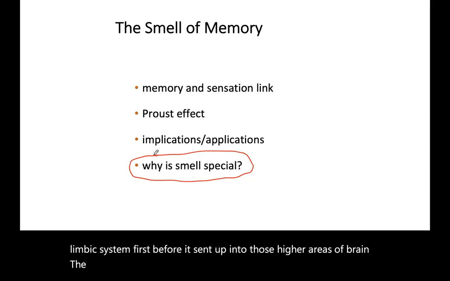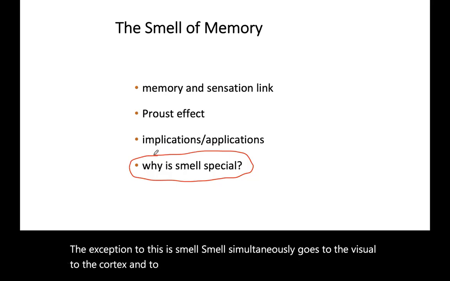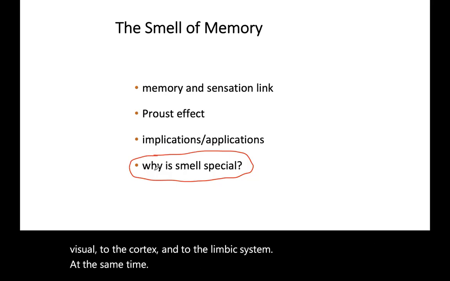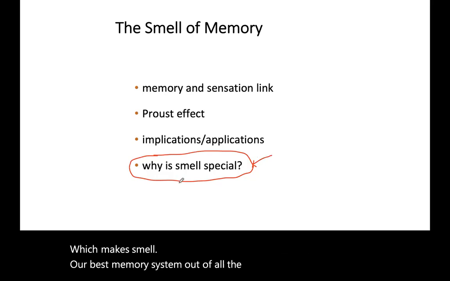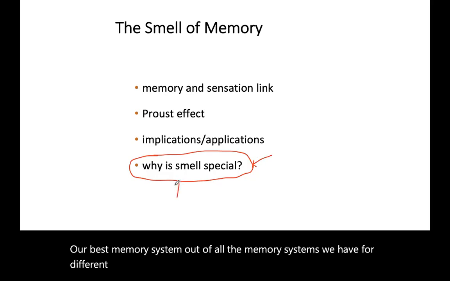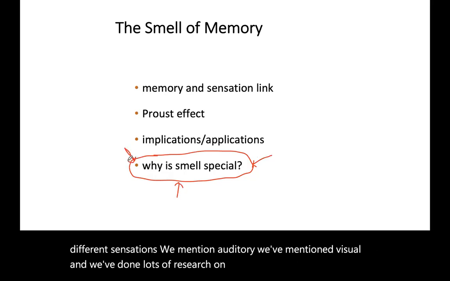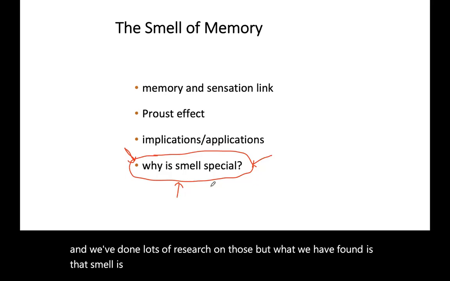The exception to this is smell. Smell simultaneously goes to the cortex and to the limbic system at the same time, which makes smell our best memory system out of all the memory systems we have for different sensations. We mentioned auditory, we've mentioned visual, and we've done lots of research on those. But what we have found is that smell is the best memory that we have.